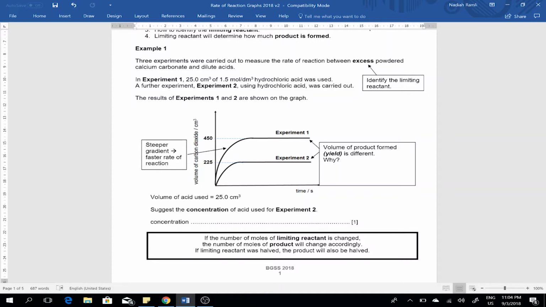Right, so first step, we need to identify the limiting reactant. Okay, so once you have identified the limiting reactant, then you know whether the yield has changed or not.